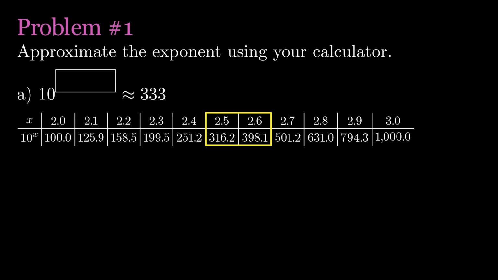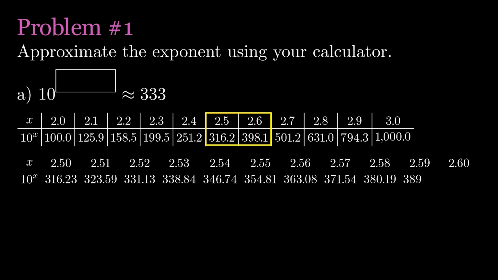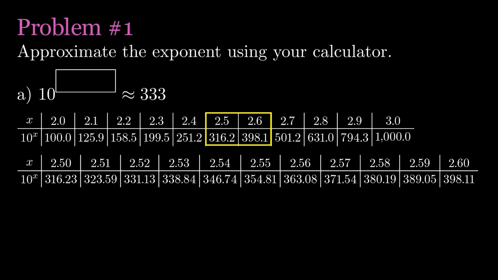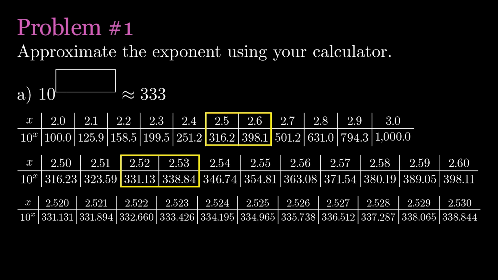So let's refine our table and look for the exponents between 2.5 and 2.6. And again, as you can see, the closest numbers to 333 to the left and right in terms of values are for the inputs of 2.52 and 2.53. Let's refine our table again.